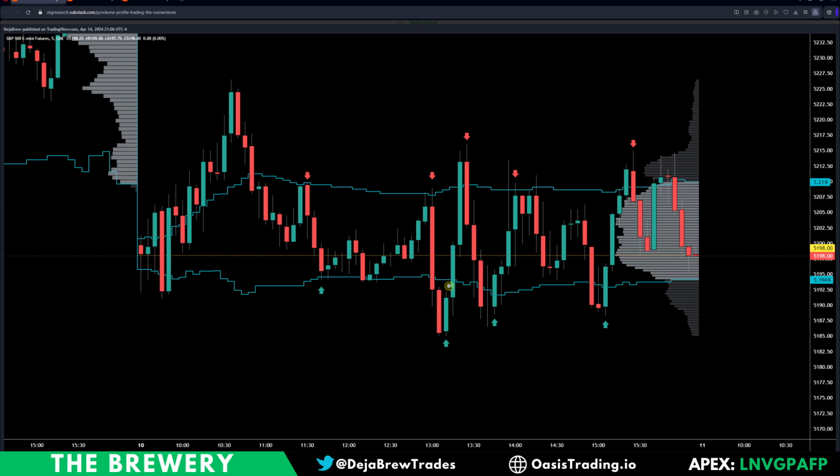Okay, so in this example here, we can see that as we are pushing down into that value area low, there wasn't really a lot of buy pressure down there until this candle right here, when we started to see a reversal bar. Now, when you're trading these D-shaped rotations, you really want to wait for that value area high or low level to have a reaction, right? So in this case here, the bears were pushing through.